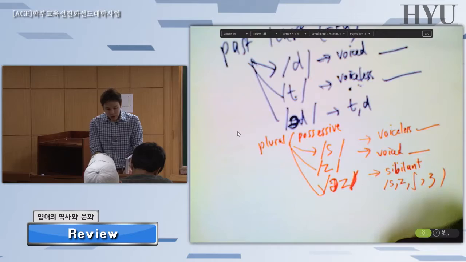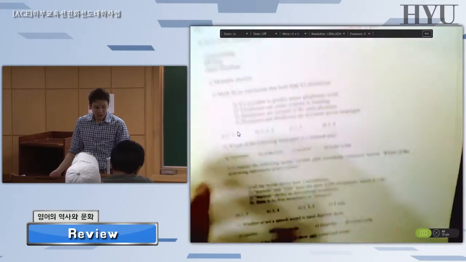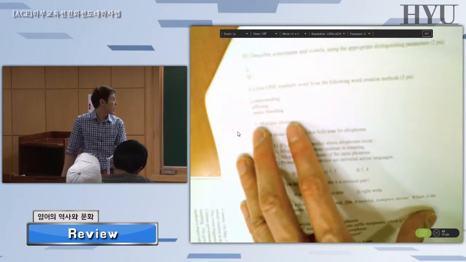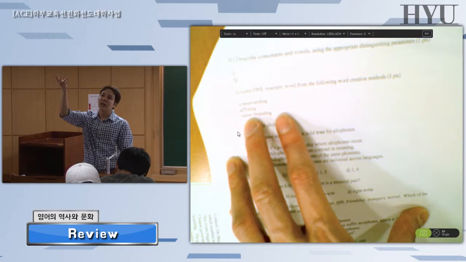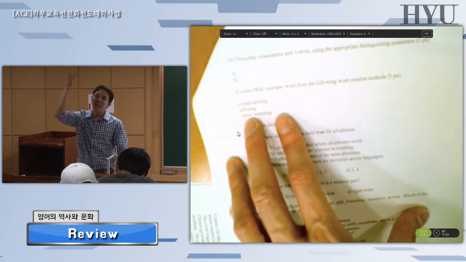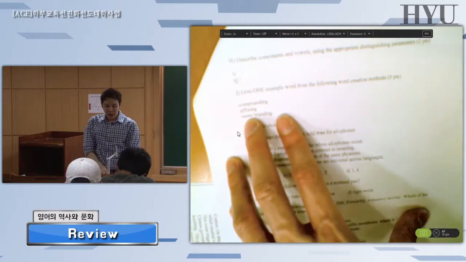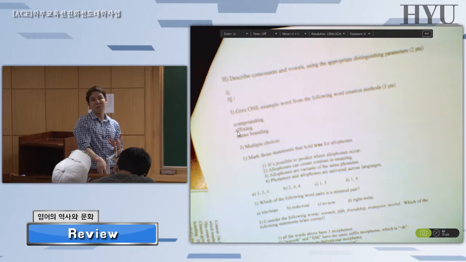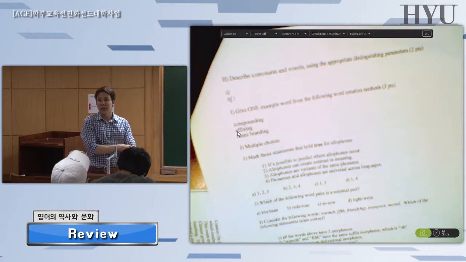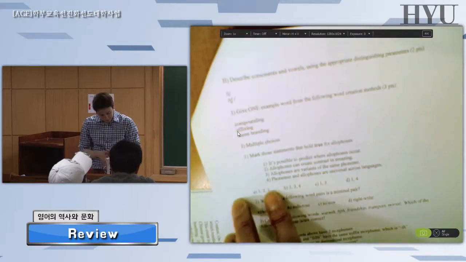And when we study morphology, we also talk about some morphological processes, right? Like compounding, affixing, name branding, or eponym, or blending, and so on. So I might ask you to identify the processes, or I might ask you to give some examples of those processes, okay? Some example words as a result of those processes.